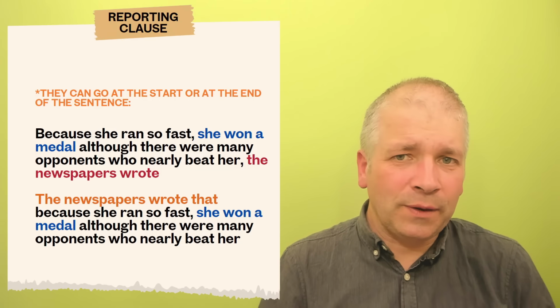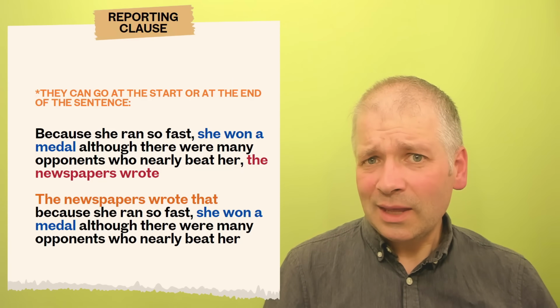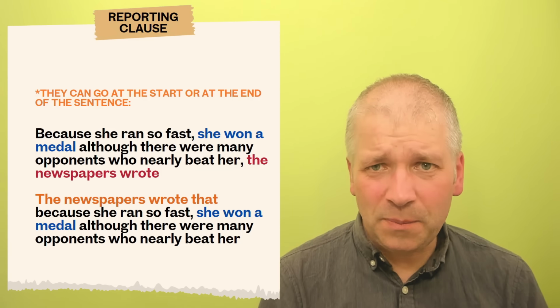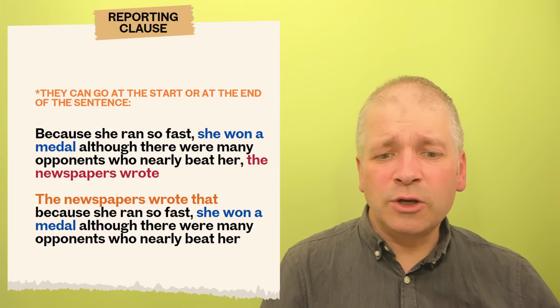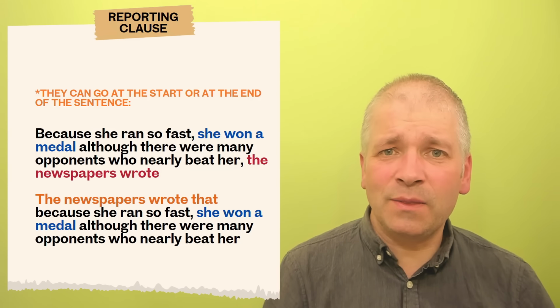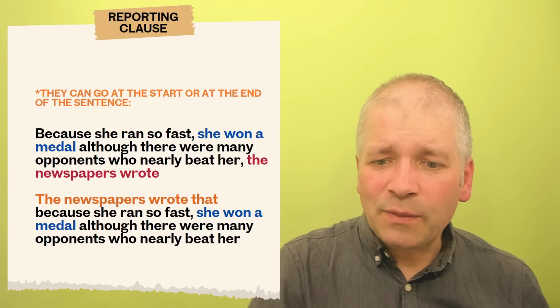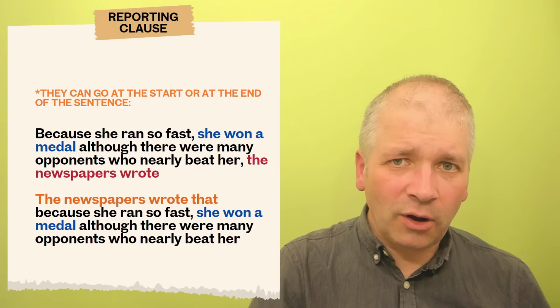This is a clause that has full tense in it. The verb wrote is a past simple verb. If it was happening now, we would say the newspapers are writing. So it does take tense and therefore it is a clause. Again, it could go at the end or the start of the sentence.